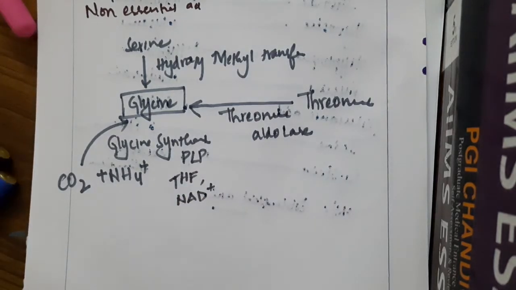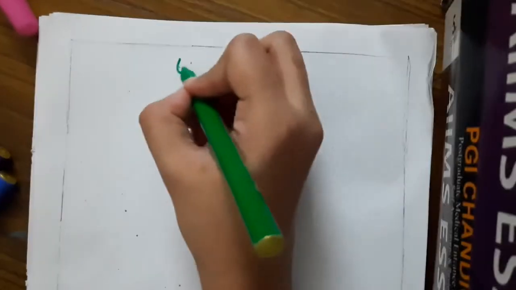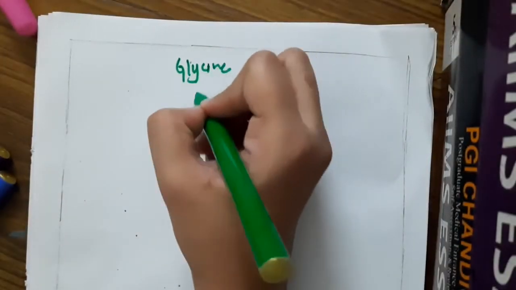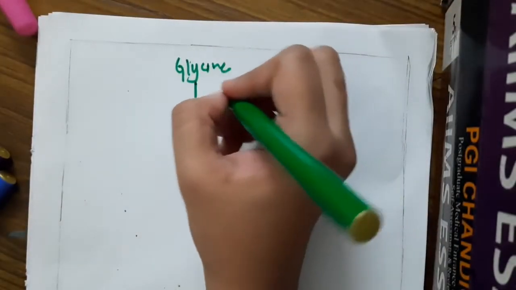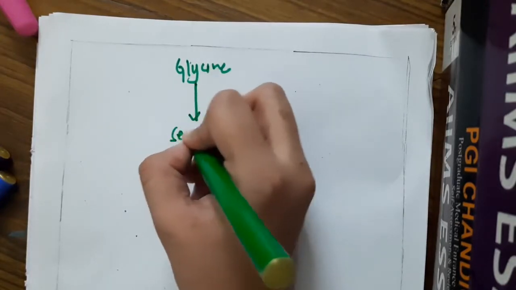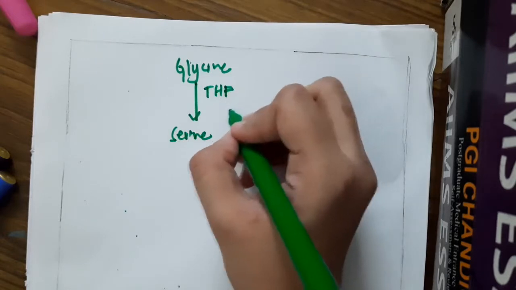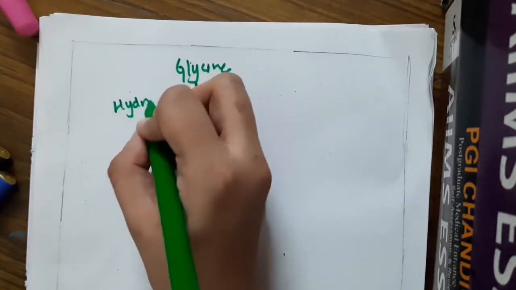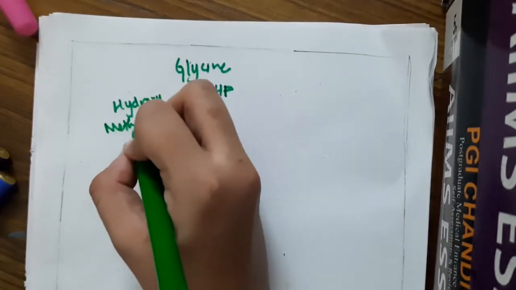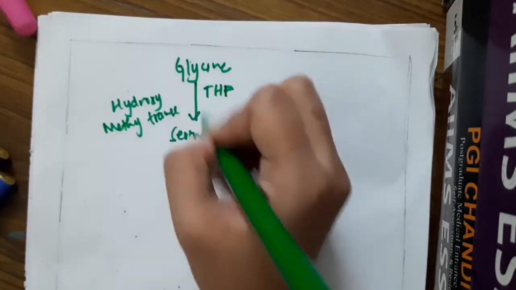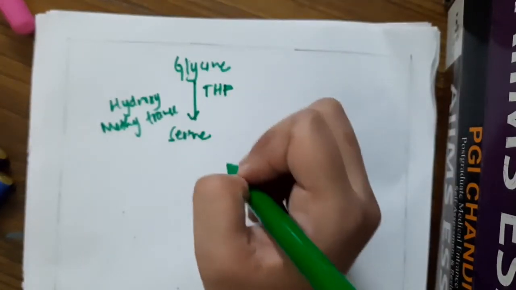Now that we have learned about the synthesis of glycine, how are we going to degrade glycine? That is degradation of glycine. Glycine first gets converted into serine in the presence of tetrahydrofolate, as the same enzyme hydroxymethyl transferase also breaks down glycine from serine.